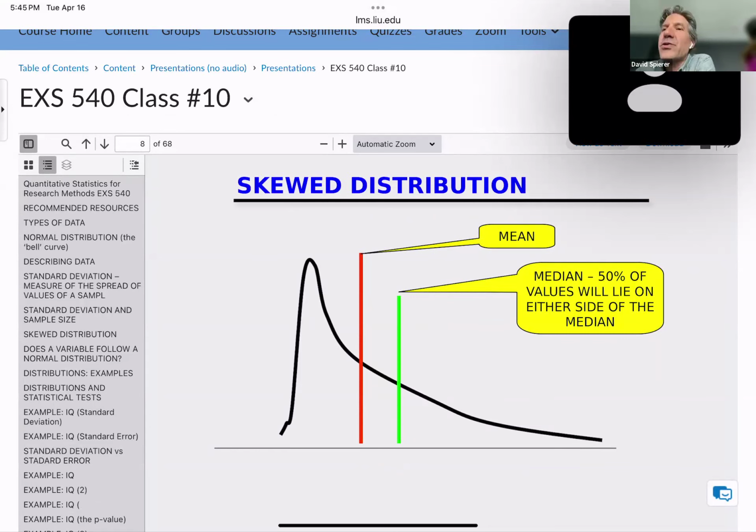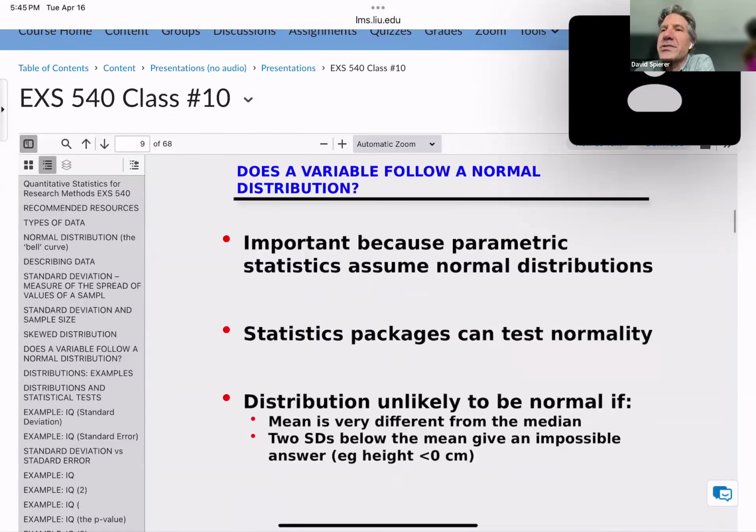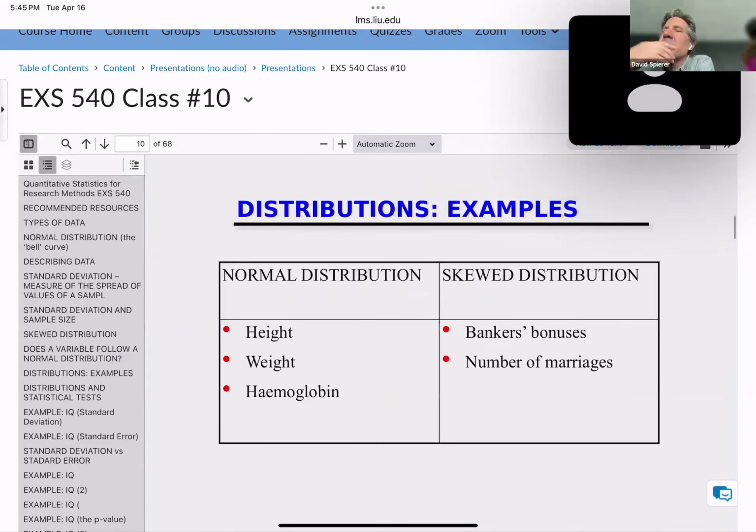And let's look why it makes it more difficult. So when you're looking at a normal distribution, things like height, weight, hemoglobin levels, that's fine. When you're looking at skewed distributions, these are things that are not necessarily the same across the spectrum, right?